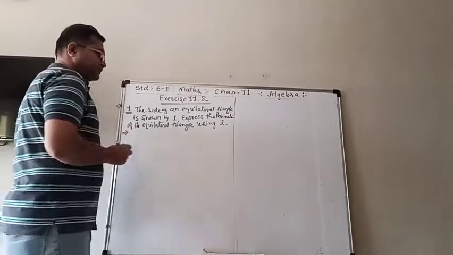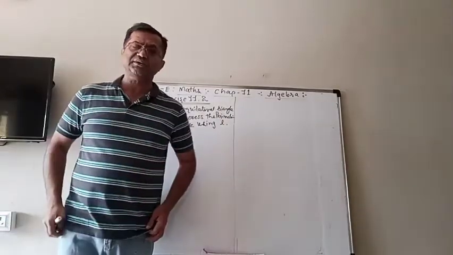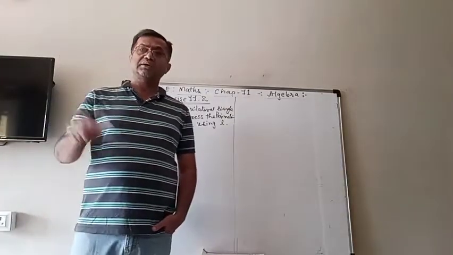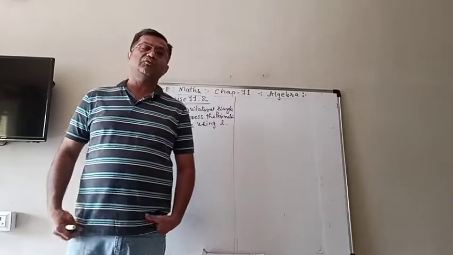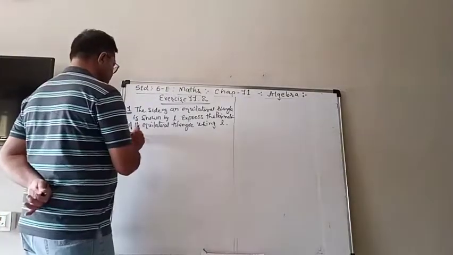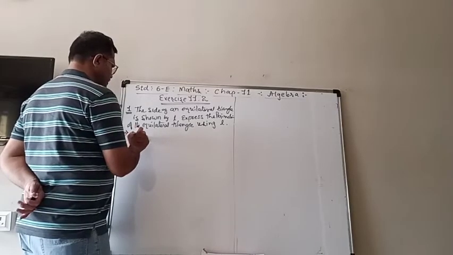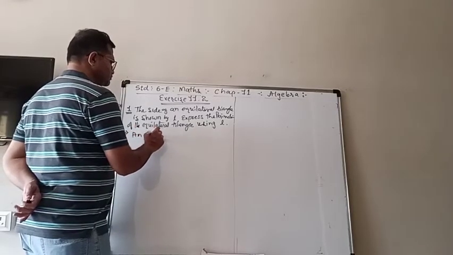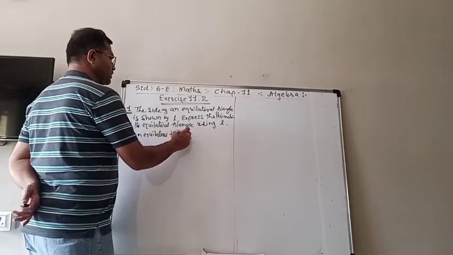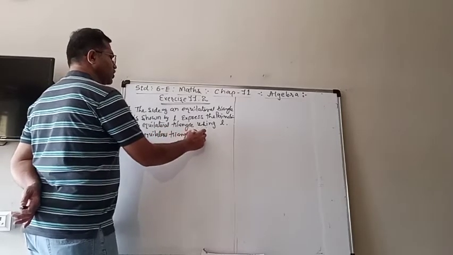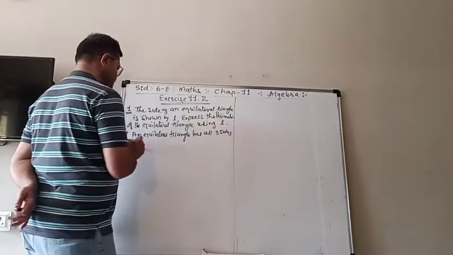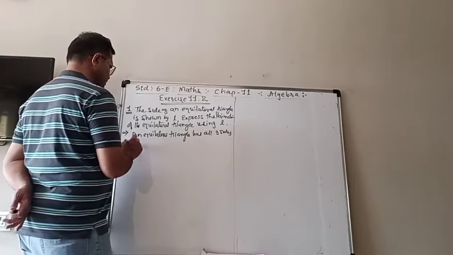Now as we know, perimeter is the length of the boundary when we complete one revolution. An equilateral triangle has all three sides equal.